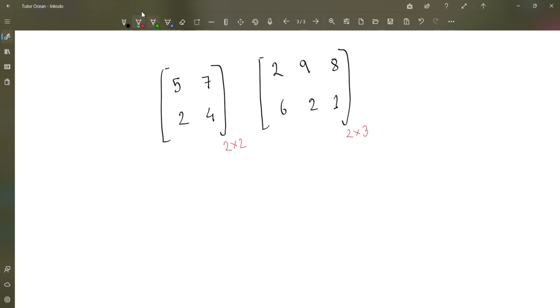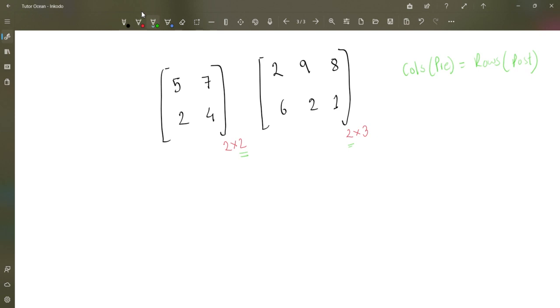What's most important is that these two numbers are equal. That is, the number of columns in the pre-matrix equals the number of rows in the post-matrix. This is the condition that we need to maintain, or this is the rule that we need to think about.